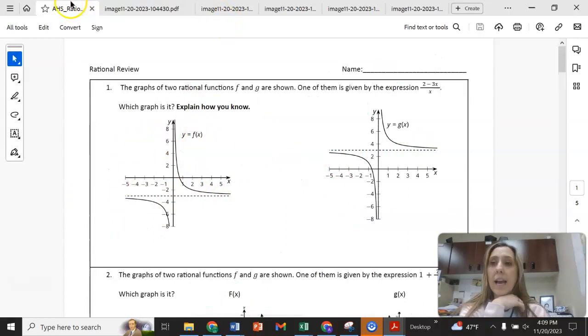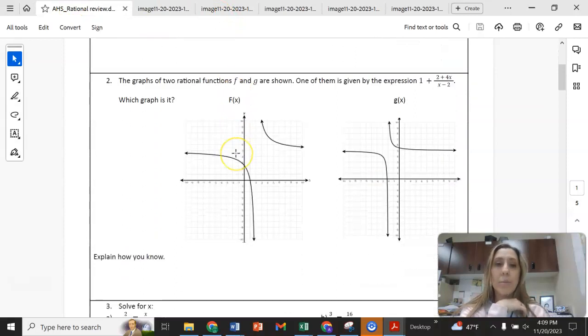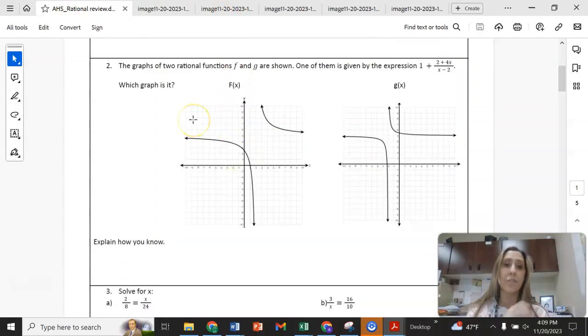Now, when we look at the second one, we're comparing these two graphs. So we've got the function 1 plus (2 plus 4x) over (x minus 2). Well, the problem is both of these have the same horizontal asymptote, and it's right at 5.